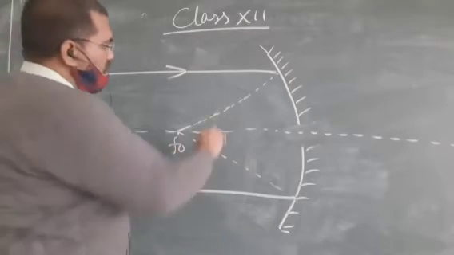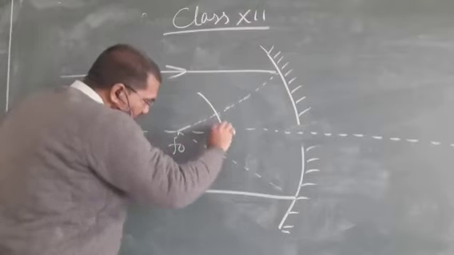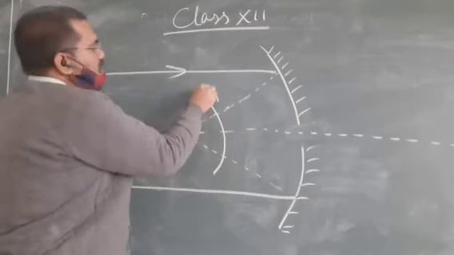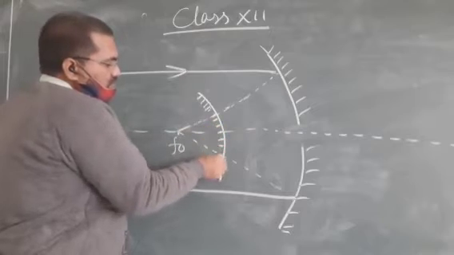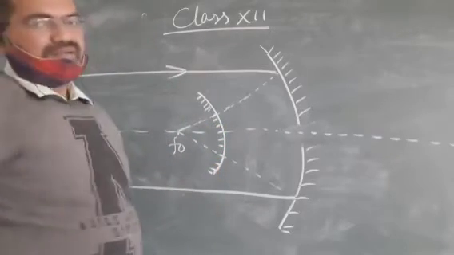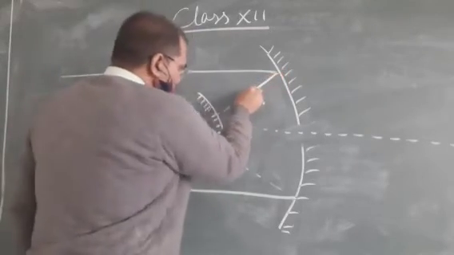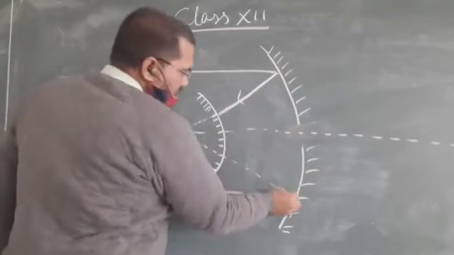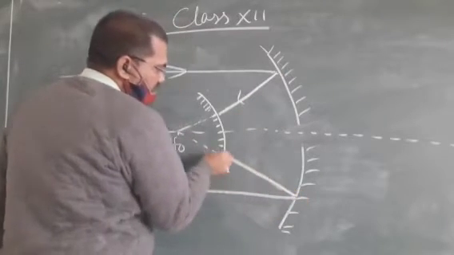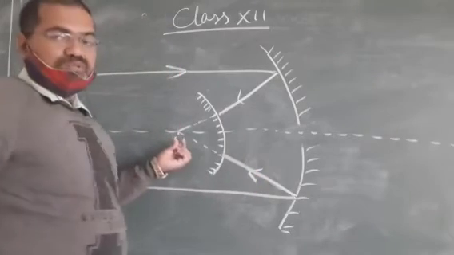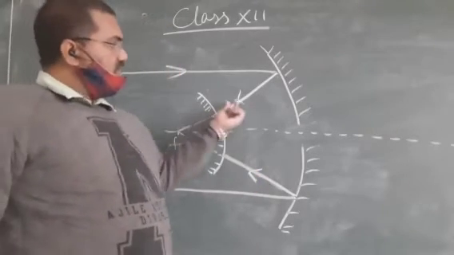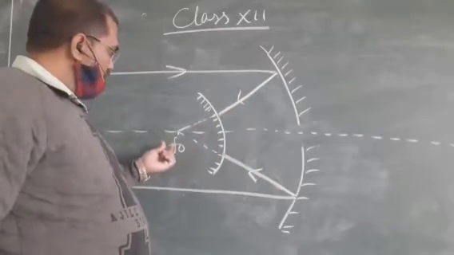But we place a convex mirror in between the reflected rays from the concave mirror. This is the reflected ray. This is the reflected ray. And this is a virtual object. This reflected ray seems to come from this point.